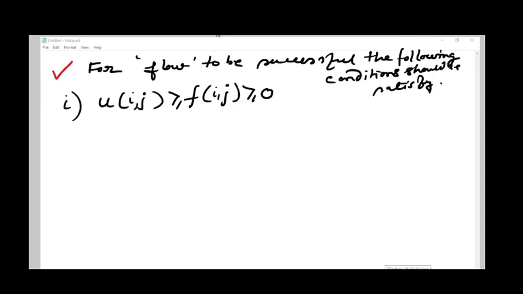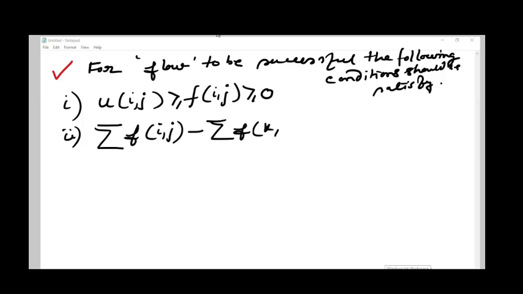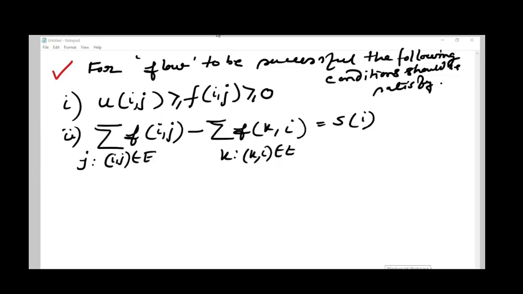That means capacity should be greater than flow, and flow should be non-negative. Second condition: the summation of f(i,j) over j such that (i,j) belongs to E, minus the summation of f(k,i) over k such that (k,i) belongs to E, should be equal to the supply or demand s_i.